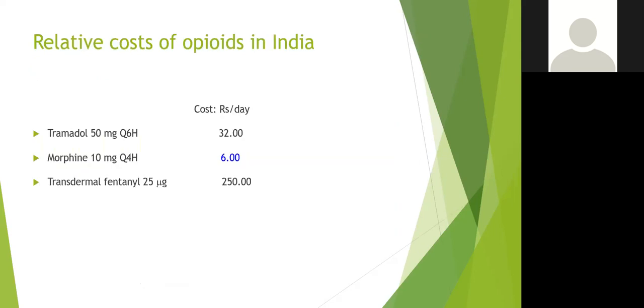Next slide. Again, financial implications, very important for us when we deal with patients. You can see that tramadol 50 milligram tablet costs about 30 rupees per day. Morphine is obviously very cheap, and fentanyl is the expensive one.